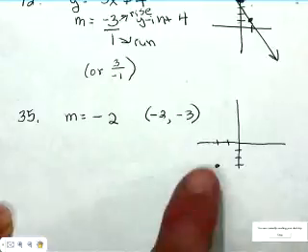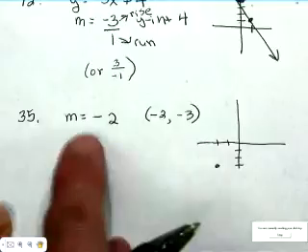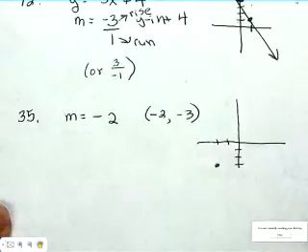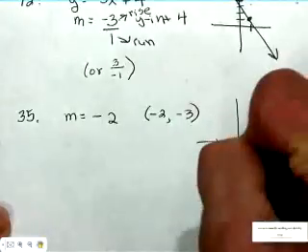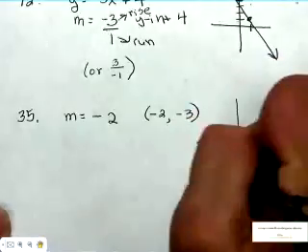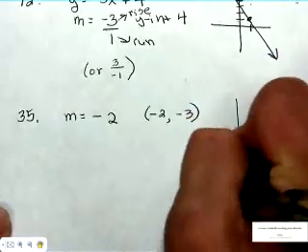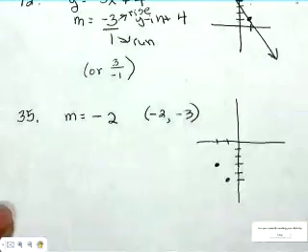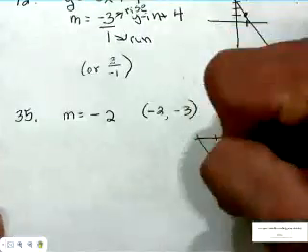And starting at that point, how would I use the slope? What does slope -2 mean? Down 2 to the right 1 to get a negative slope. Start at the point that you're given, go down 2 to the right 1, and here's that line.